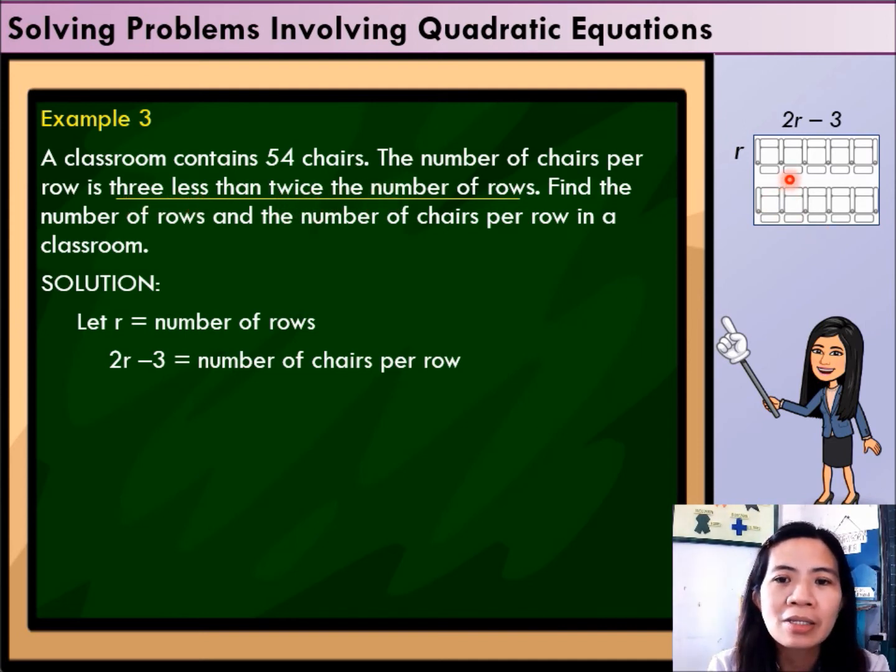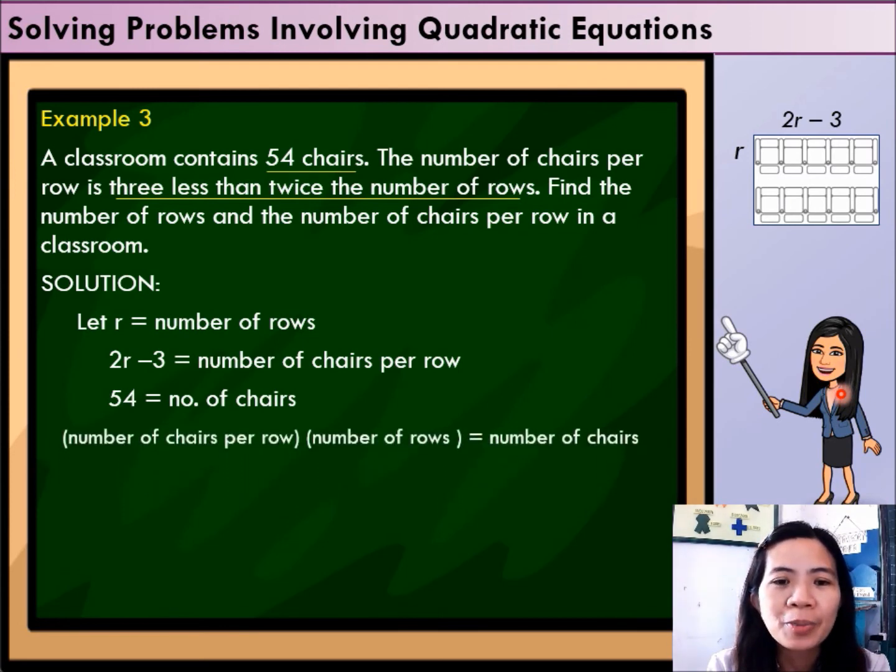So it is 2 times the number of rows, so 2r minus 3. This is the number of chairs per row. So how many chairs are there in each row? Then we have 54 chairs. This is the total number of chairs.